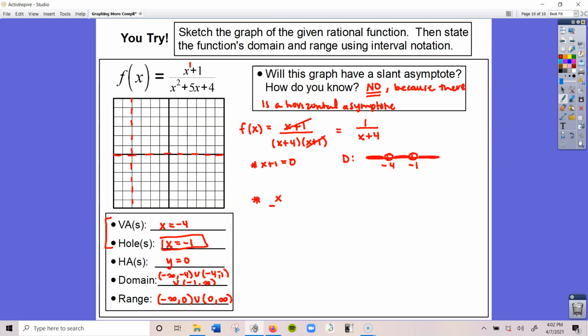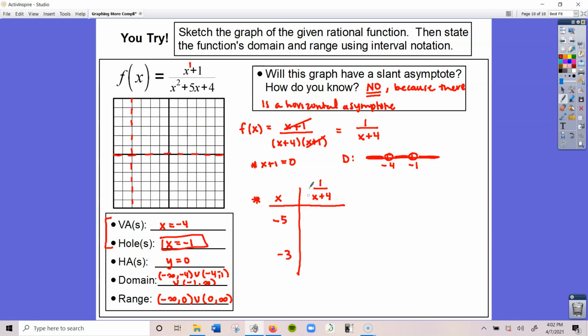We have x, and then I'm going to use my simplified version of my rational function, which is 1 over x plus 4. I need to choose two x values, one to the left of the vertical and one to the right of the vertical. Since my vertical is located at negative 4, I'm going to choose negative 5 and negative 3.